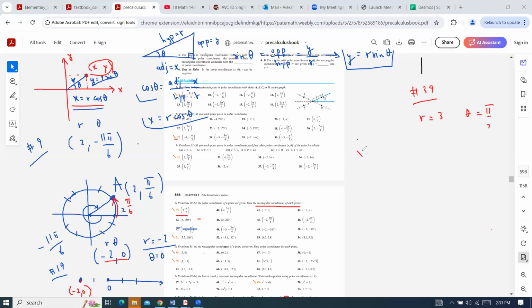The x coordinate is r cosine of theta, by definition, and the y coordinate is r times sine of theta. So I'm going to plug numbers in and get my answers: 3 times cosine of pi over 2 and 3 times sine of pi over 2. And that's it. We're done.